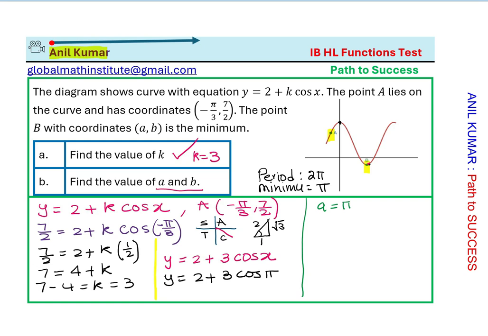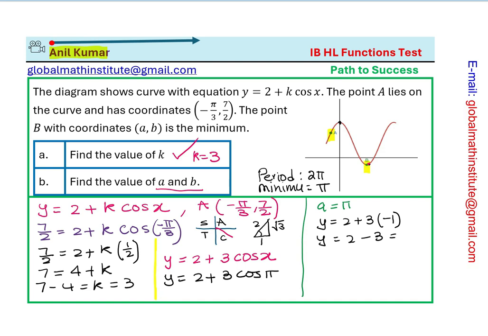So let's continue with this solution. y equals 2 plus 3 times cos of pi, where cos pi is negative 1, right? So we get y equals 2 minus 3, which is minus 1. And that gives you the coordinate points of B, where the x value is equal to pi and the y value is minus 1.